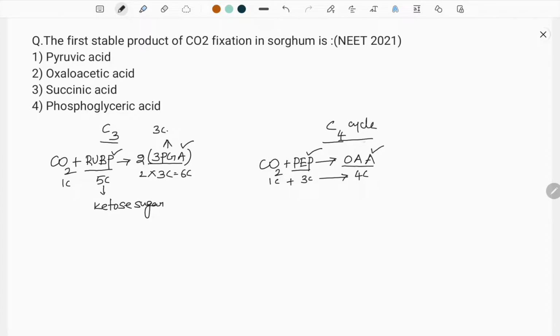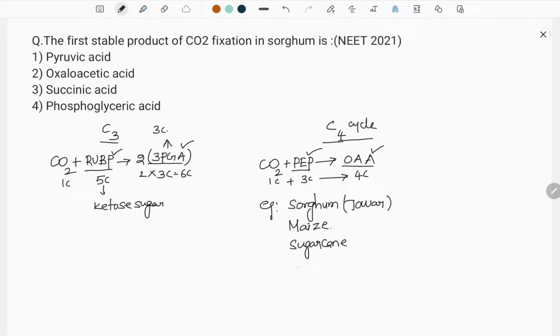And if you see the examples of C3 and C4, for C4 we can write examples. One is sorghum. Sorghum is nothing but jowar, as we call it in Hindi. Another is maize, another is sugarcane. We know sugarcane pretty well.